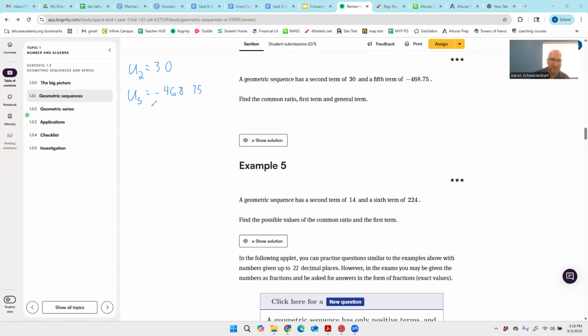Well, I can kind of cheat a little bit. I'm going to pretend like that's the first term in my general form. So here's my general form again. 30. Instead of this being the fifth, I can treat U2 like it's U1, and then U5 becomes like the fourth term.